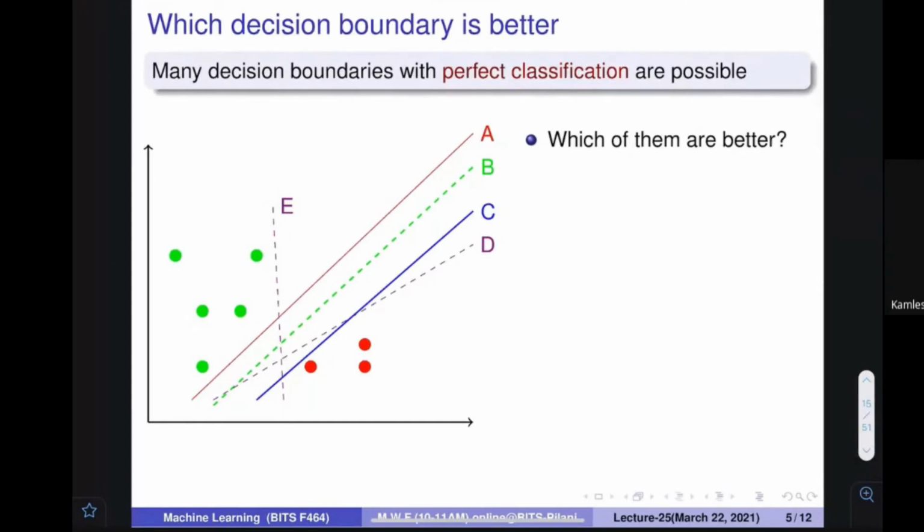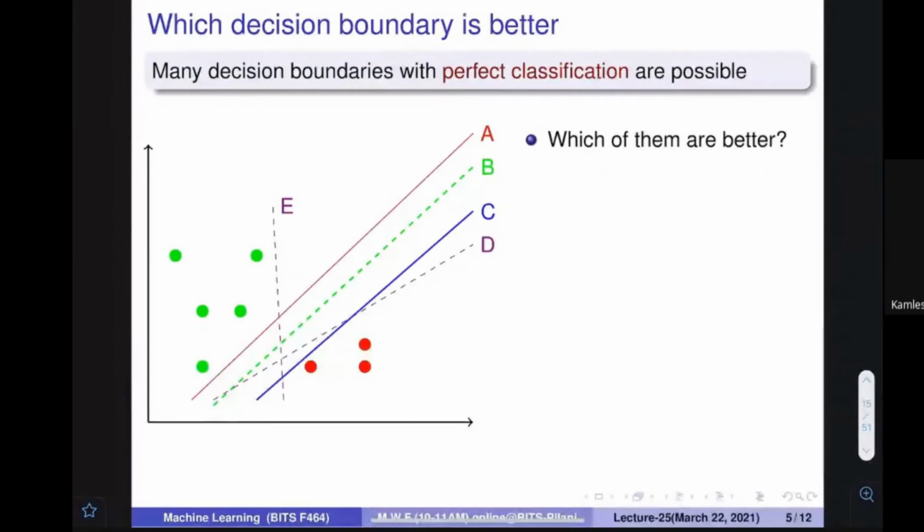Now I have a question for you: whether all these lines are equally good. No, let me ask a different question first. Everybody, I need the answer from everybody. Please type whether all the lines are good. Yes, the answer is yes.